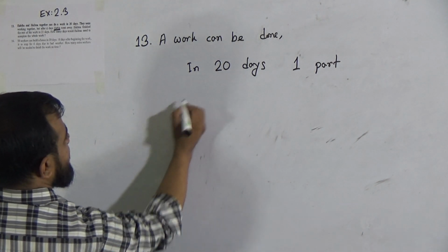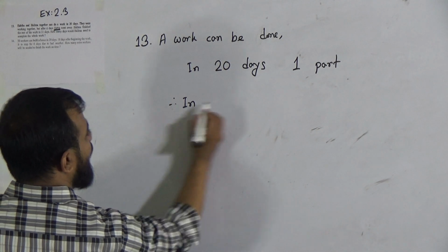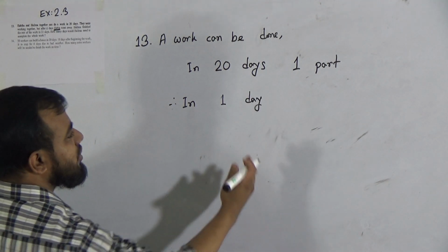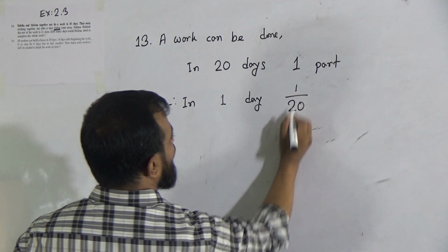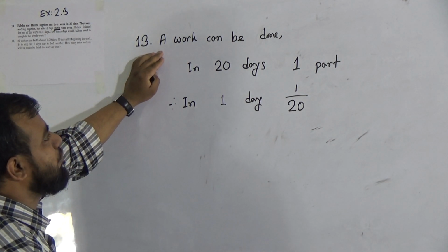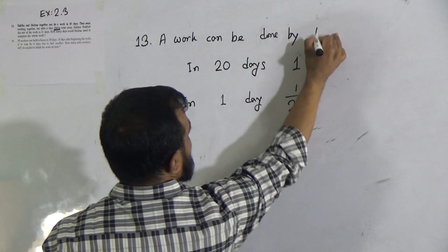Okay, therefore in one day we are going to use the unitary method. In one day they can finish how many? 1/20. Of course this work is done by both the two. You can write down a work can be done by Halima and Habiba.